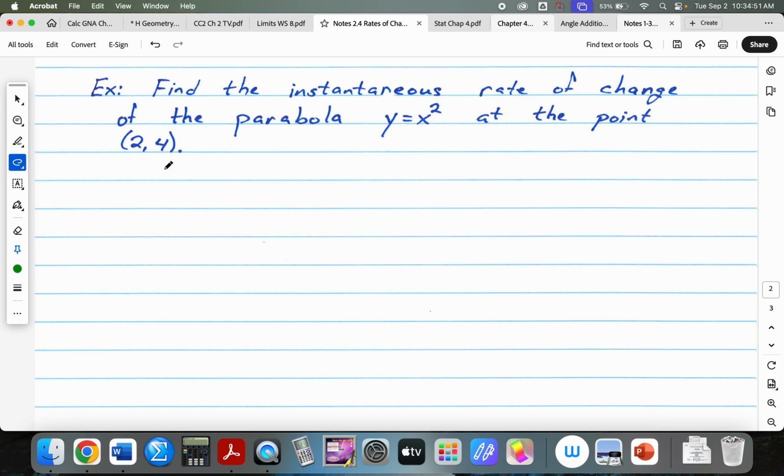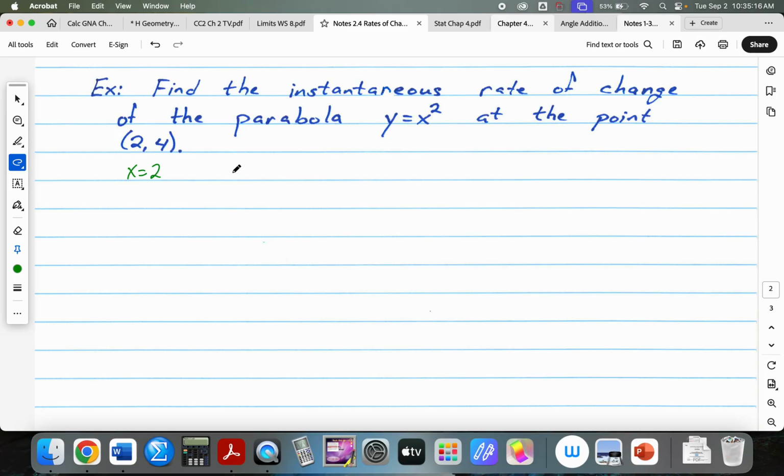For this point, x is equal to 2, right? Let's take another point. And we'd like it to be incredibly close to 2. Now, we could actually pick like 2.00001 or something like that.